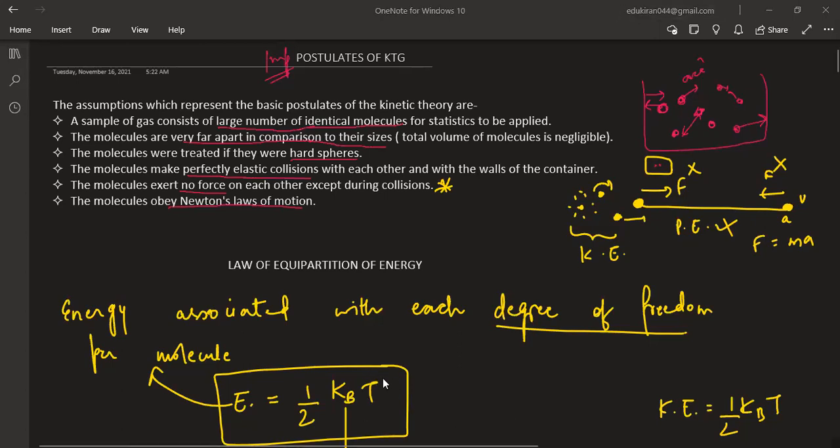Temperature, temperature. This is temperature. kB is Boltzmann constant. This is temperature. Done, ma'am.